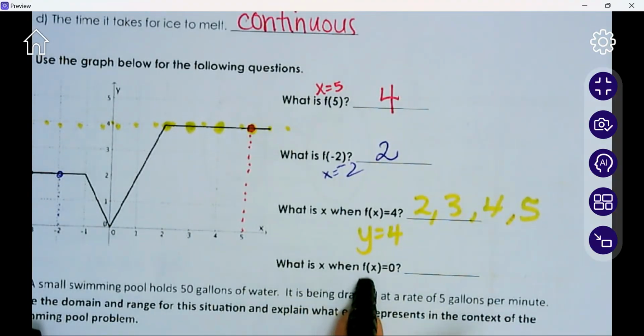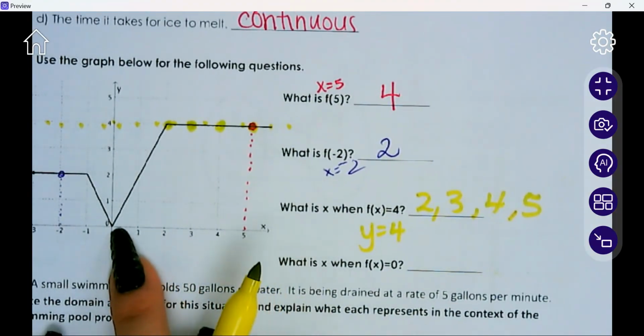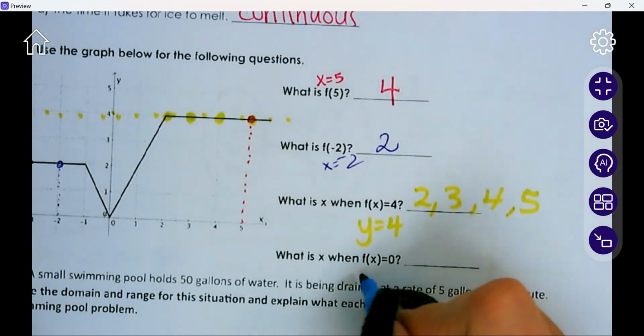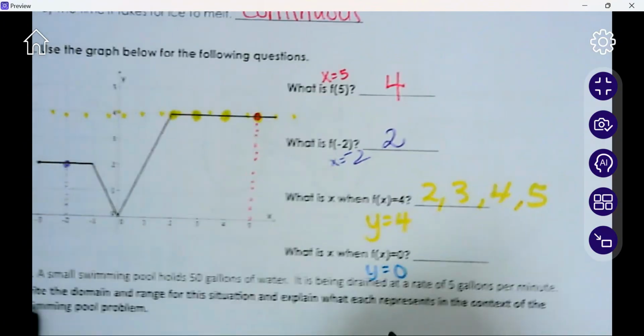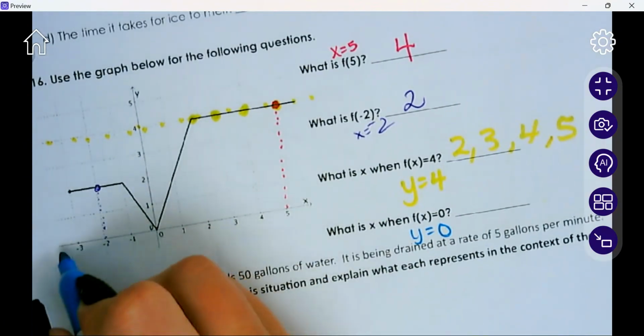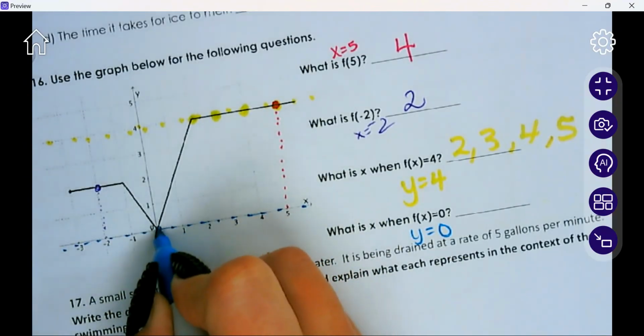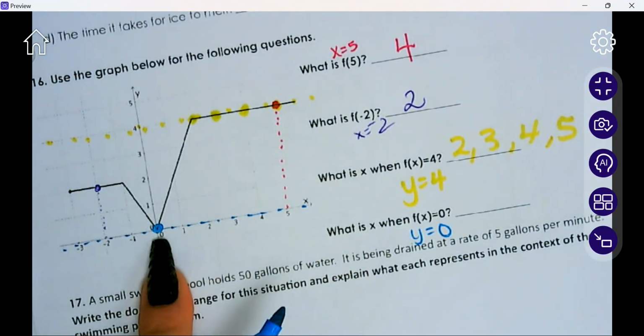What is x when f of x is 0? So that means that my y value is 0. So y is equal to 0. So if I look when y is 0, that's over here. And there's only one point when y is 0, and that's right there.